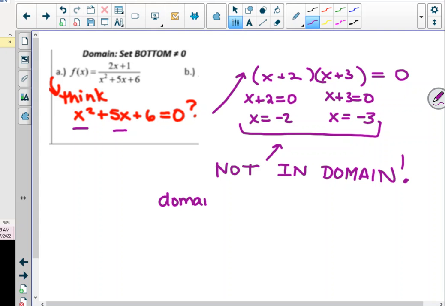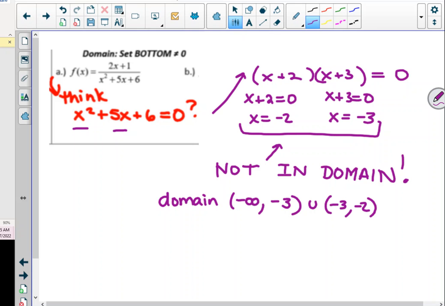So how do I do it? Well, I start from negative infinity, and then as I'm going up from negative infinity, the first number I'm going to get to that I need to skip over is negative 3. Negative 3 comes before negative 2 across the number line. And then between negative 3 and negative 2 is okay. That's always the part that we forget.